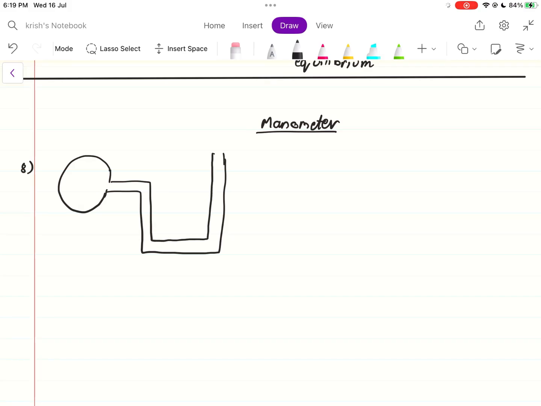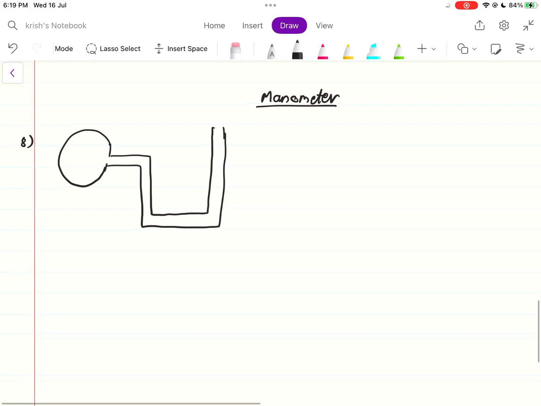Right, here we have a manometer. This is H1, and let us take this to be H2.